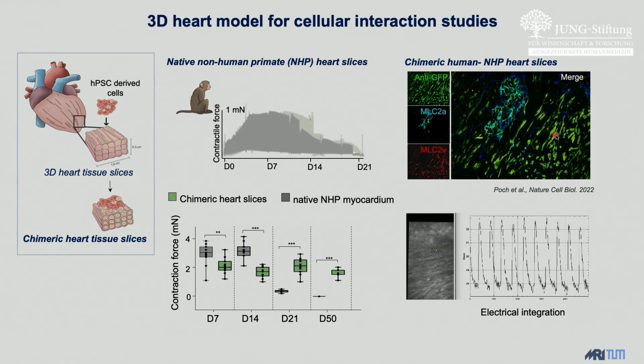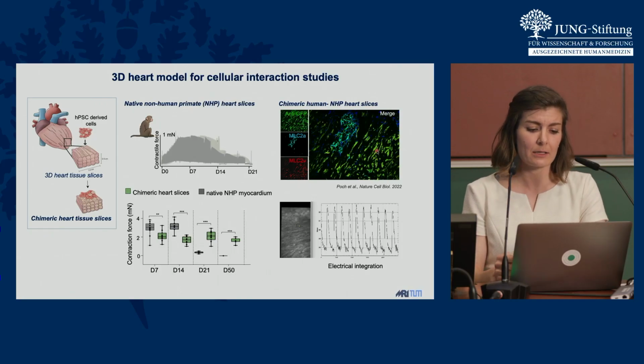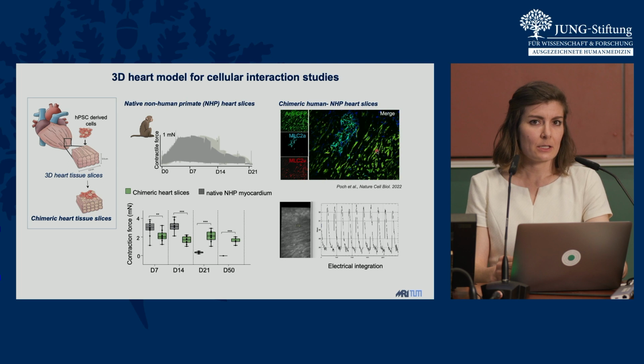So having a tool in hand that allowed us the analysis of cell-cell interaction and to study cells that obviously are capable to repopulate native myocardium, we were much more interested to investigate this in a disease-relevant context.